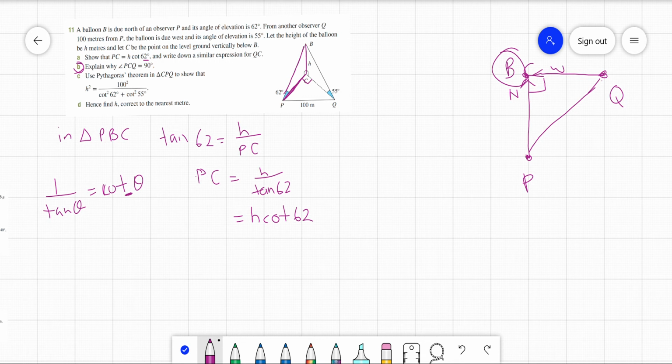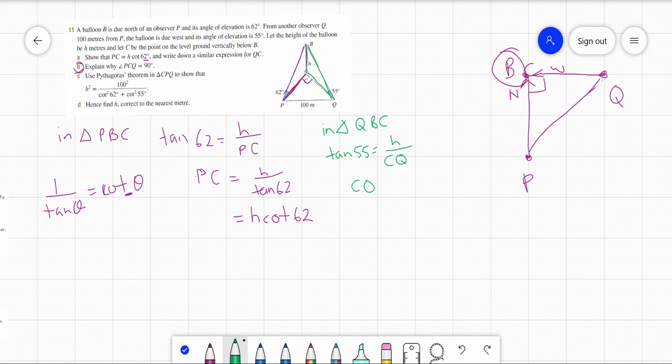We also know, if we have a look in the other triangle, in triangle QBC, so the green triangle, you can see if I use the 55 degrees with tan, I'm going to get SOHCAHTOA, so opposite over adjacent, H on CQ, side CQ.